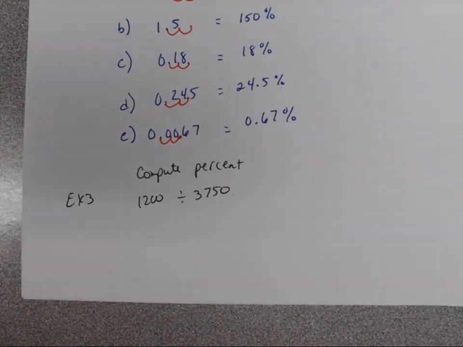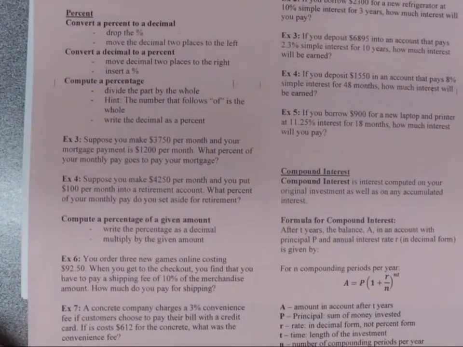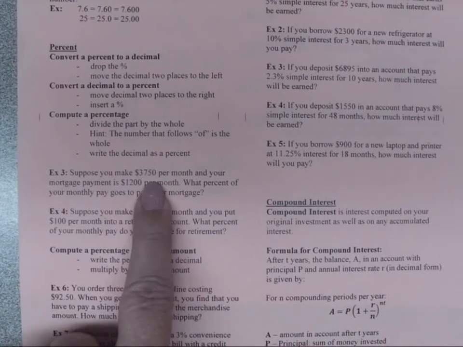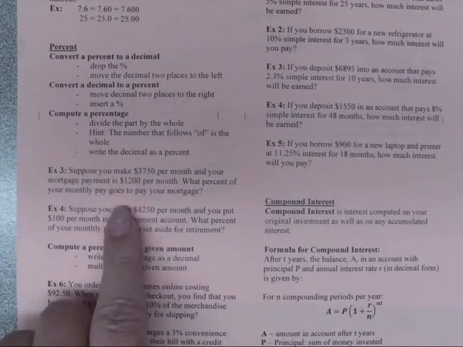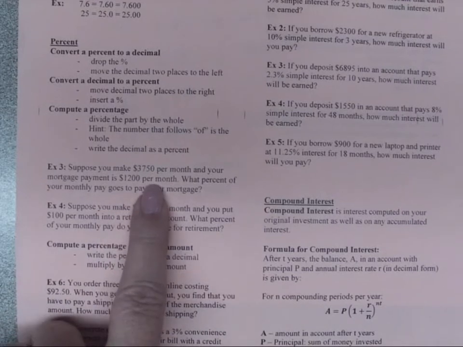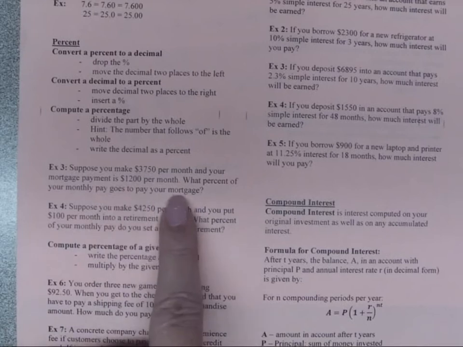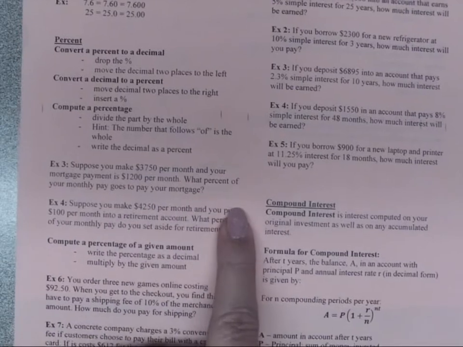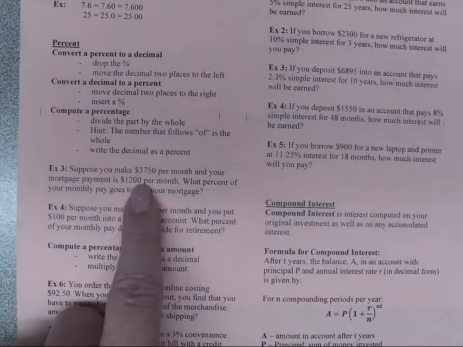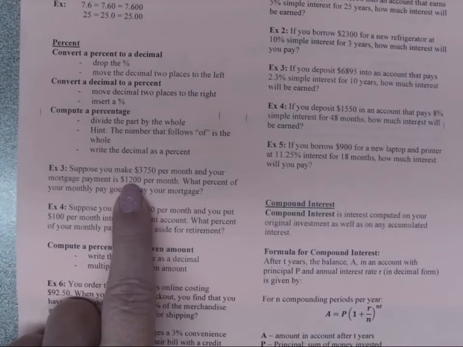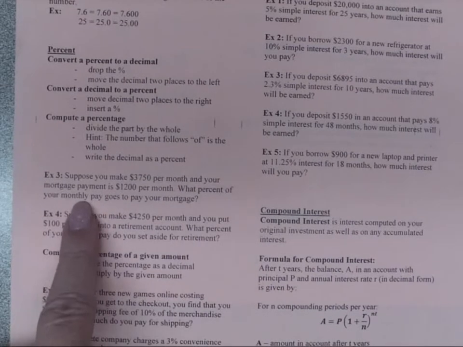Okay, we need to go read the word problem. Suppose you make $3,750 a month, and your mortgage is $1,200 per month. What percent of your monthly pay goes to pay your mortgage? We want to know the percentage of your monthly pay that goes to pay your mortgage.